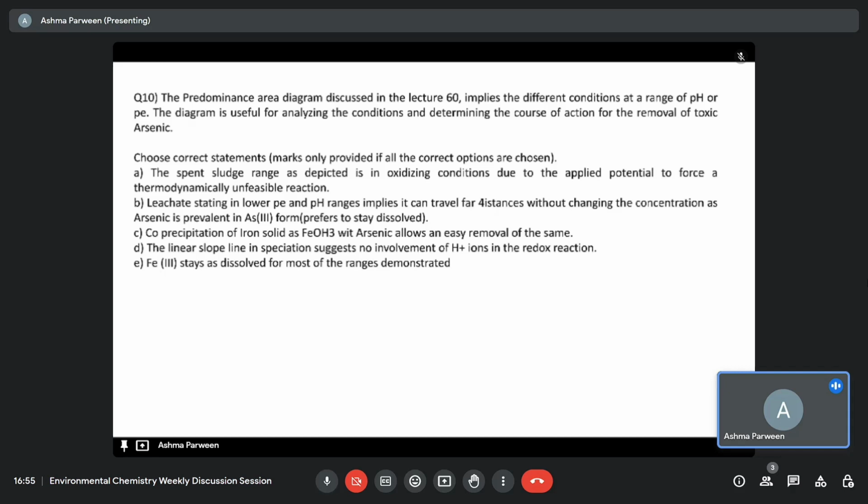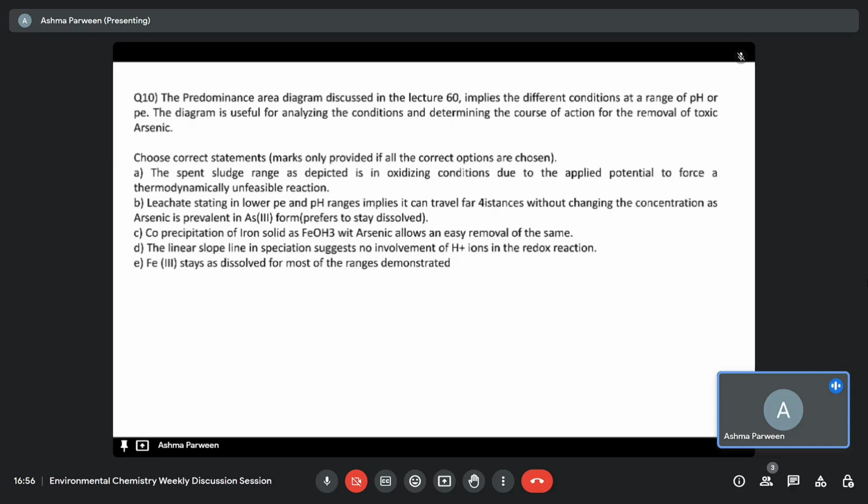Next is co-precipitation of iron solid as Fe(OH)3 with arsenic allows an easy removal of the same. Option D is the linear slope line in speciation suggests no involvement of H+ ions in the redox reaction. And the last option is Fe3+ stays dissolved for most of the ranges demonstrated.